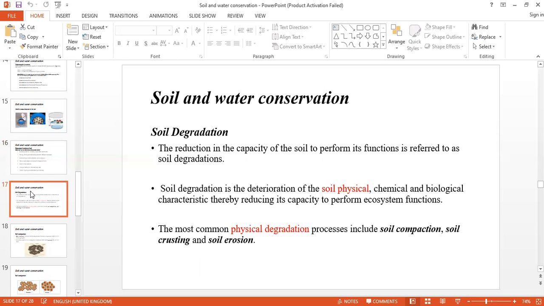Okay. So now we've discussed the uses, the functions of soil. If a soil is doing all those functions that we have listed, we are simply saying that this soil is a healthy soil. It's a good soil because it's able to carry out these ecosystem functions.